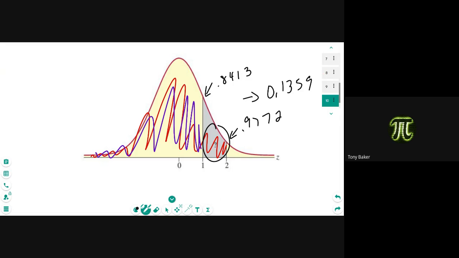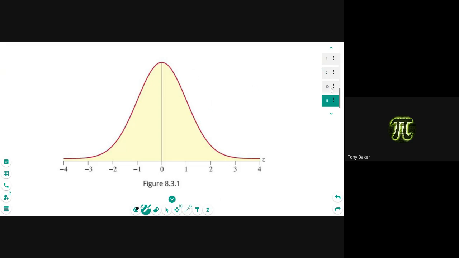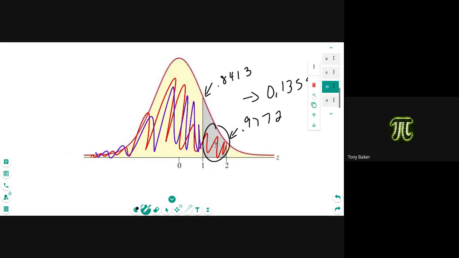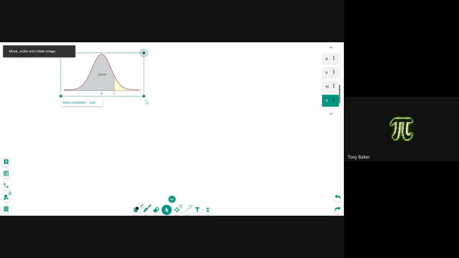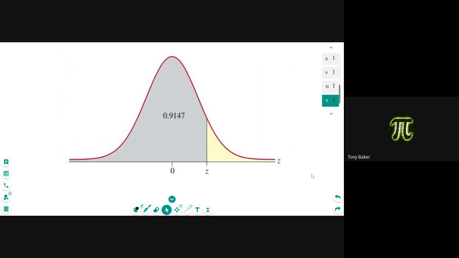All right, let's use the table a little differently now. What's Z? All the way up to this point, I've given you the Z, and you've found the probability. In this one, they gave me the probability.